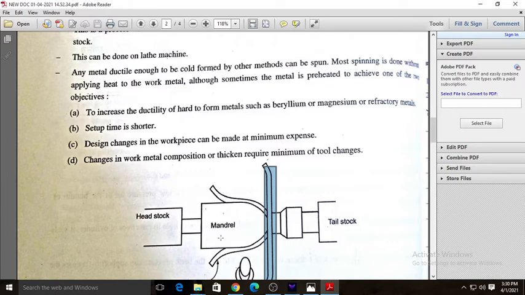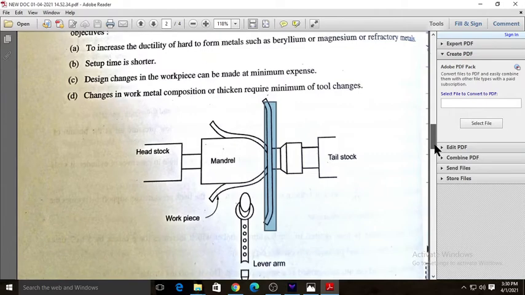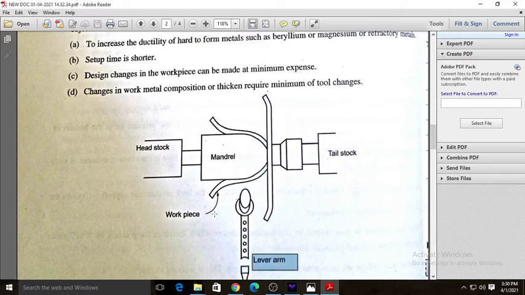This mandrel is continuously rotating. When this mandrel comes in direct contact with this metal sheet, then the metal sheet also starts rotating. When the metal sheet starts rotating, we use this lever arm here, and we can give the shape of the mandrel to the sheet metal.